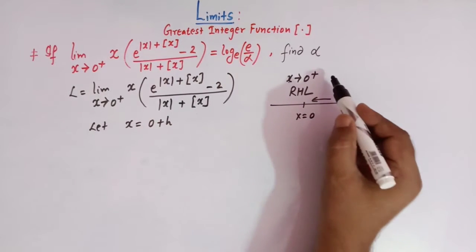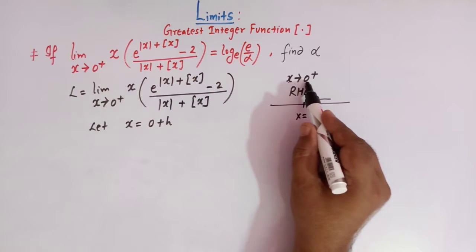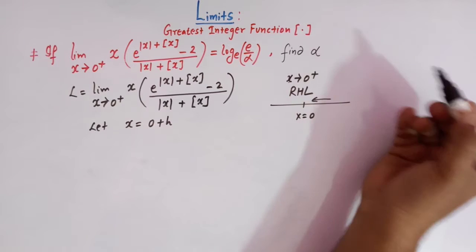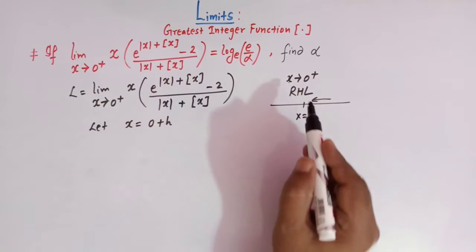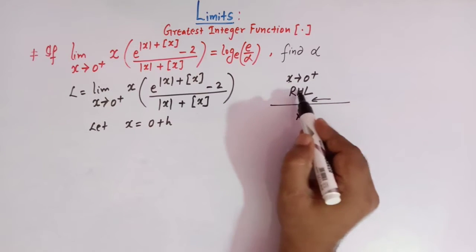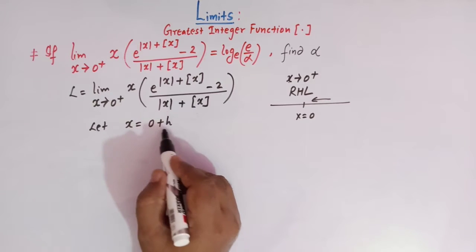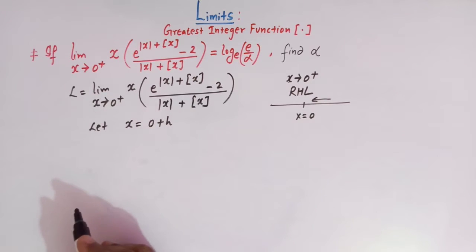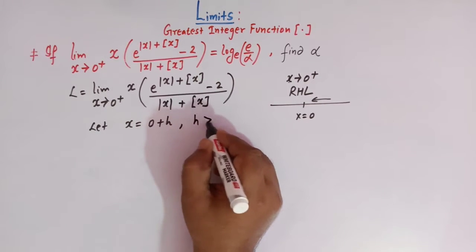If we had to evaluate the left hand limit when x approaches 0, then we'd put x is equal to 0 minus h. But since we are calculating the right hand limit, we take x is equal to 0 plus h, where h is a very important quantity in evaluating limits, and h is always greater than 0.